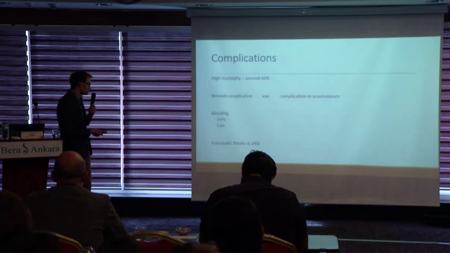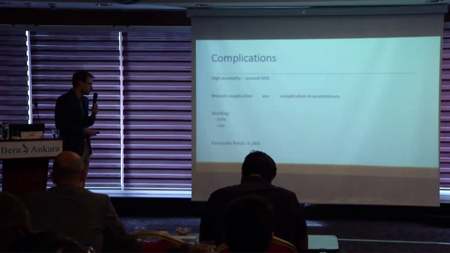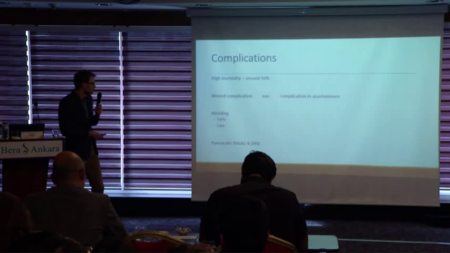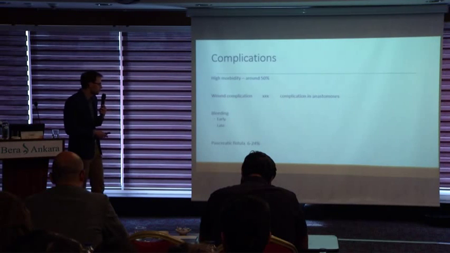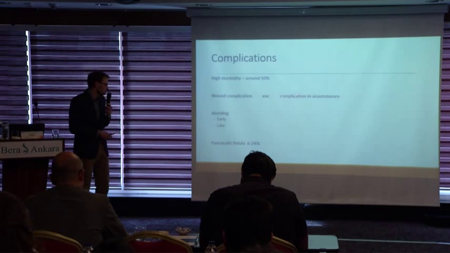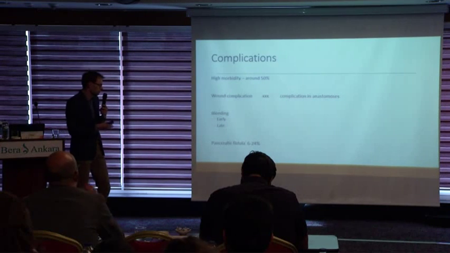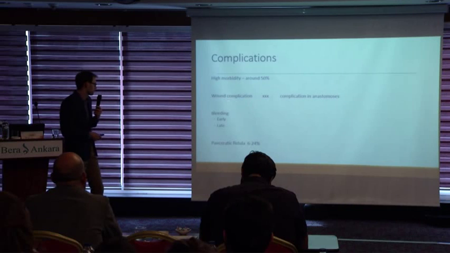About the complications, pancreatic surgery has high morbidity. It could be around 50%. The smallest complication is the wound complication. Again, our nightmare is complication in the anastomosis, typically the pancreato-jejunoanastomosis. Another complication is bleeding.